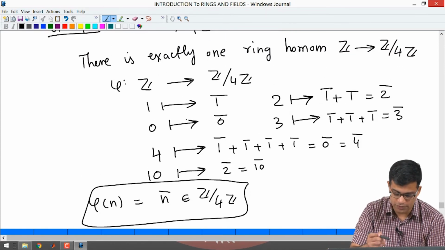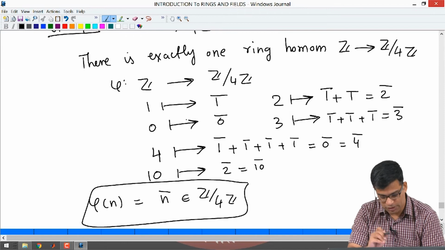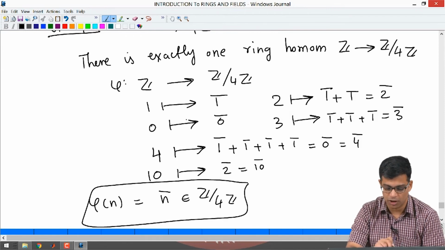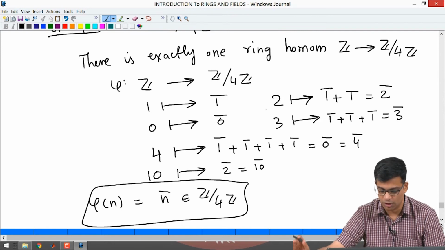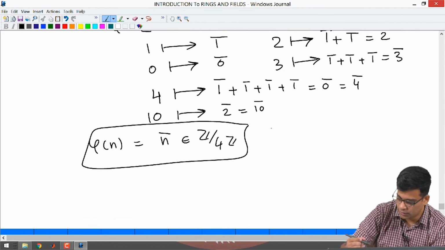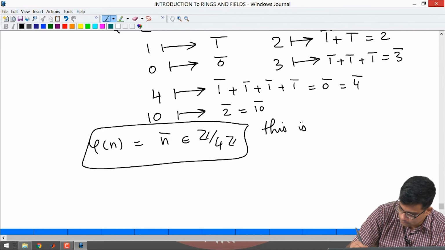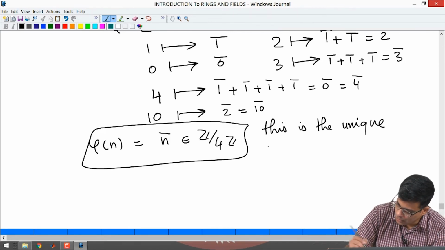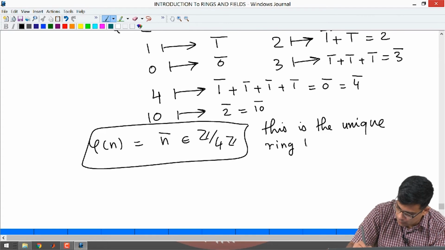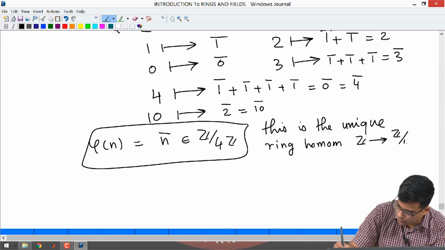We are forced to have this: 1 must go to 1 bar, 0 must go to 0 bar, 4 must go to 0 bar, 2 goes to 2 bar, 3 goes to 3 bar, and so on. So this is the unique ring homomorphism from Z to R, Z mod 4Z.